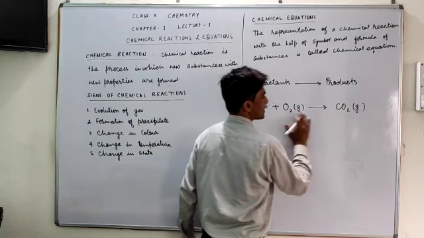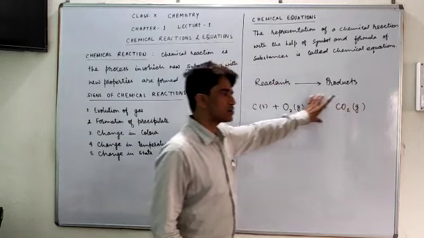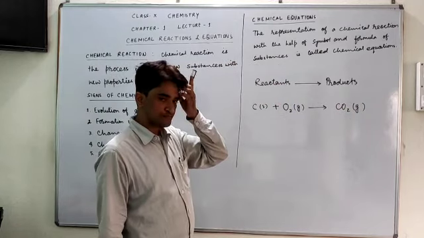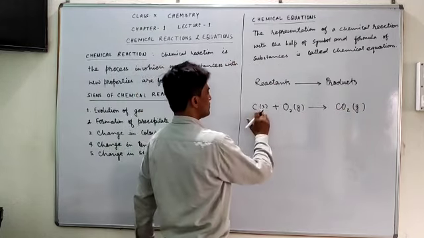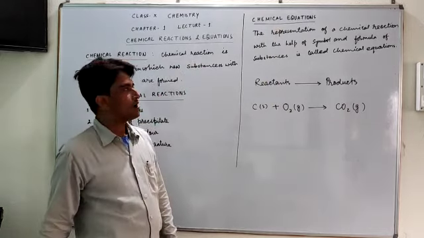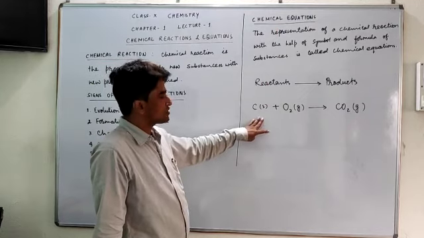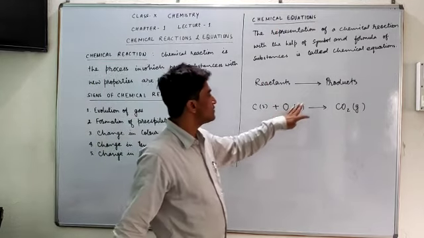With the help of symbols and formulas, we can represent the reaction, burning of coal. So, the chemical equation is the representation of a chemical reaction with the help of symbols and formulas.